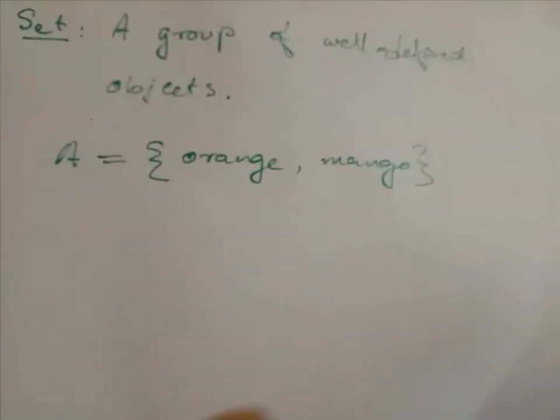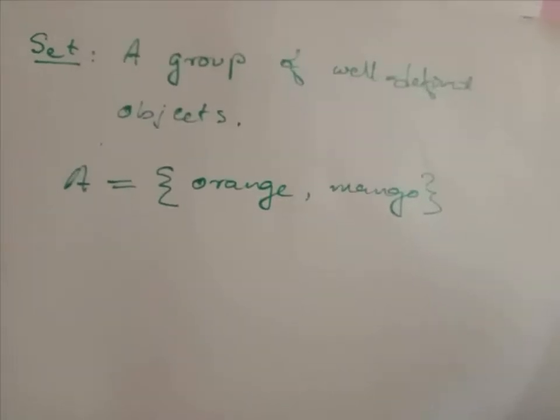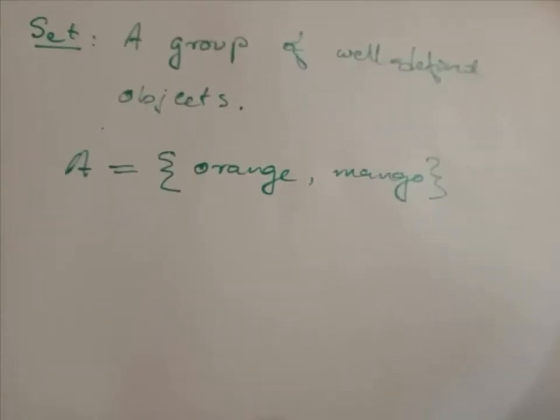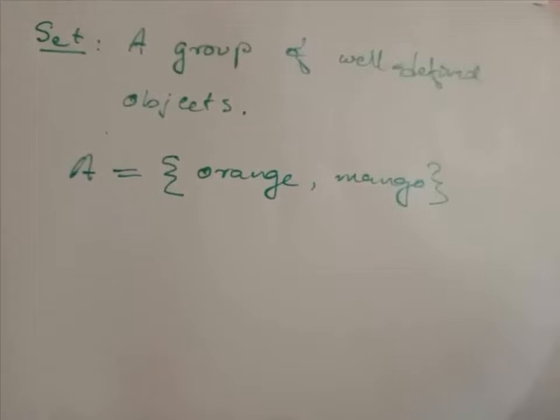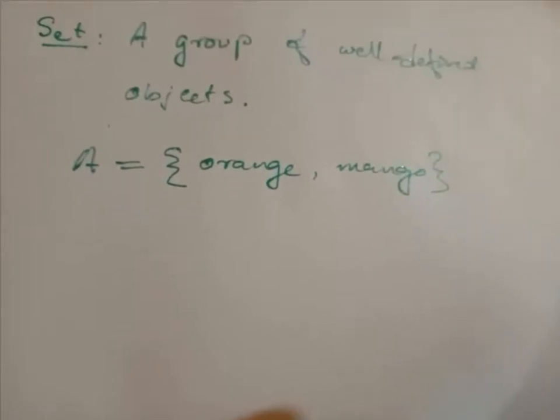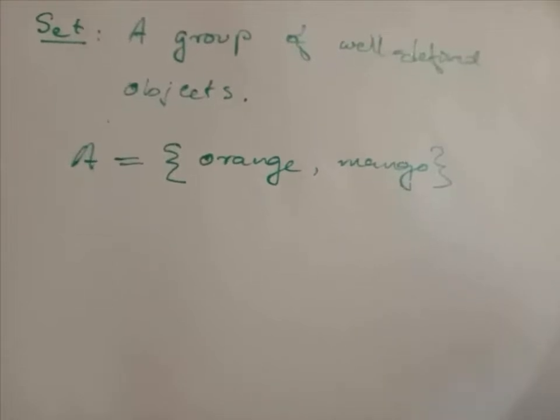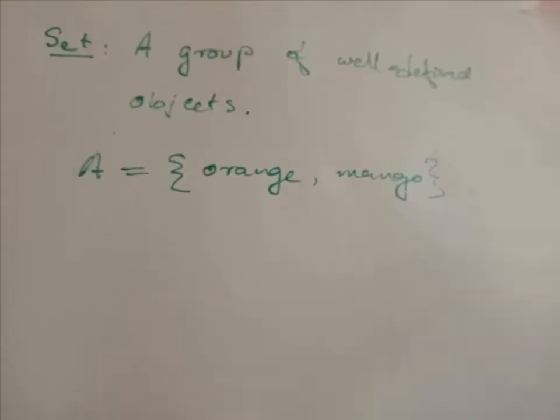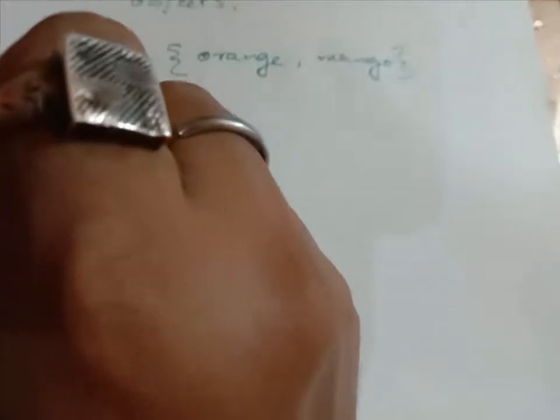So here in this example, the set A is a set of two objects and those two objects are orange and mango. Let us take another example. Set B.